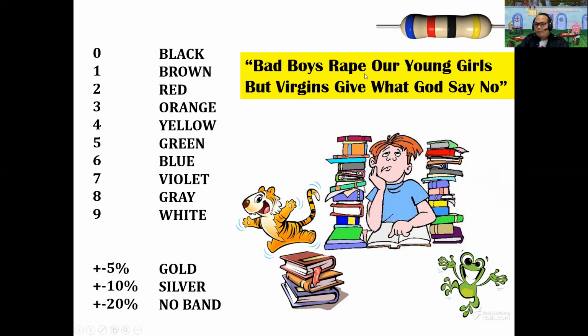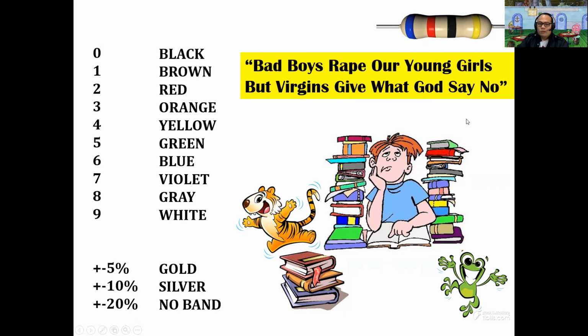So bad is black, boys is brown, rape is red, our is orange, young is yellow, girls is green, but is blue, virgins is violet, give is gray, what is white, and then the God say no part is all about the tolerance. God is gold, say is silver, and no is no band.